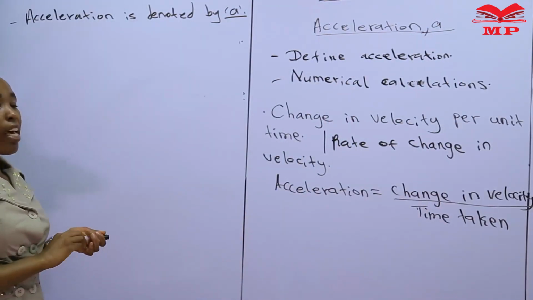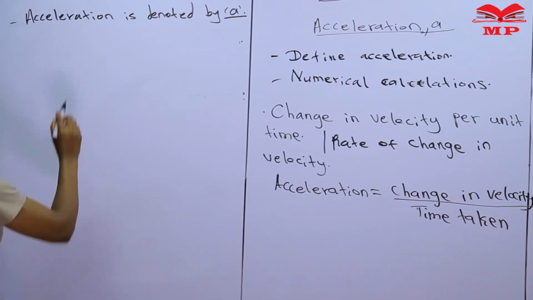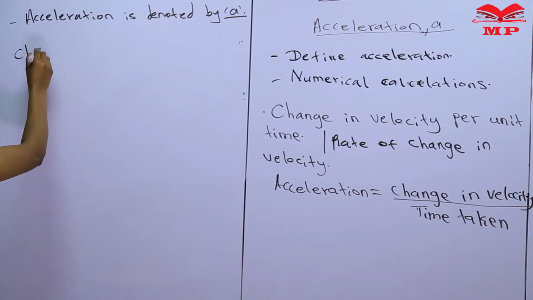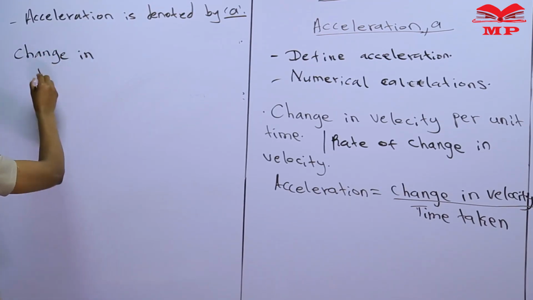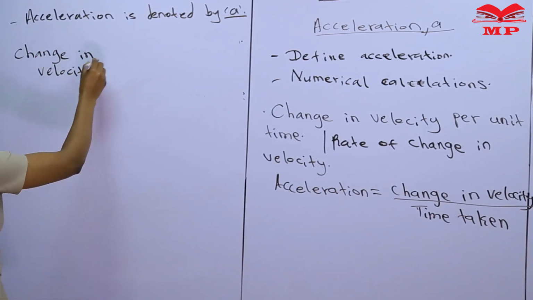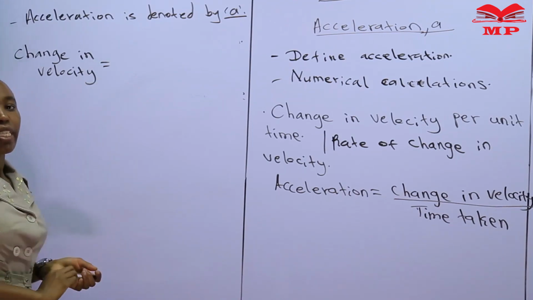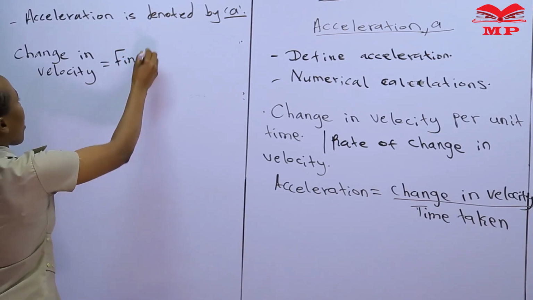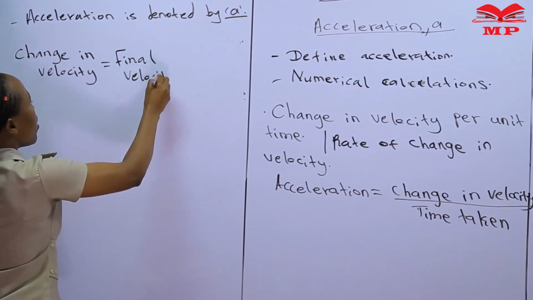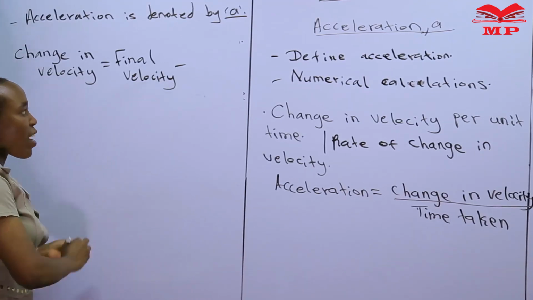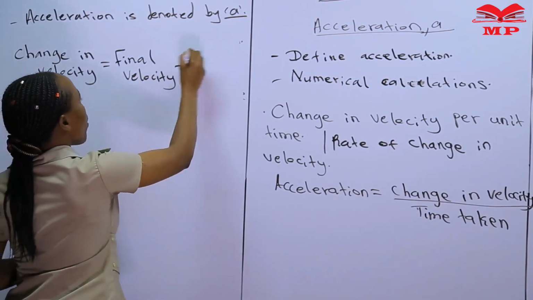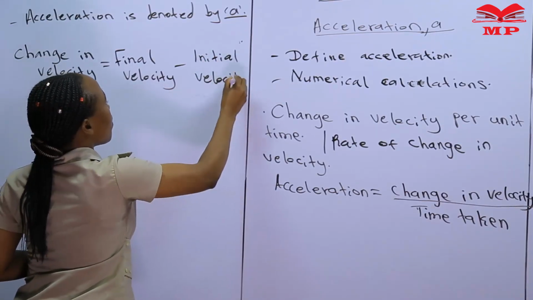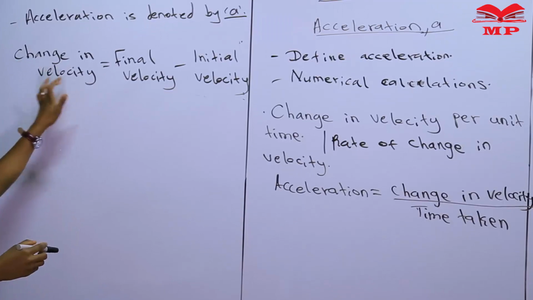When we want to get the change in velocity, it is simply given by the final velocity minus the initial velocity.